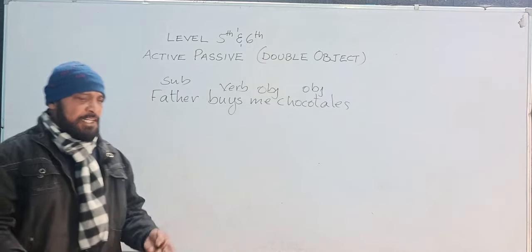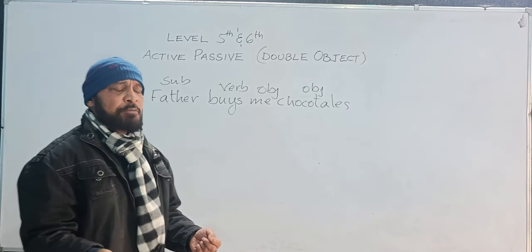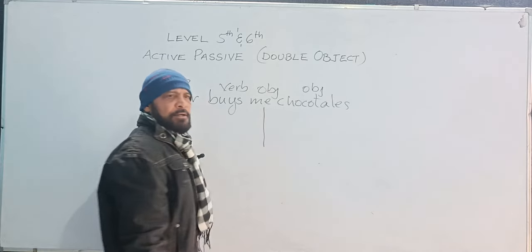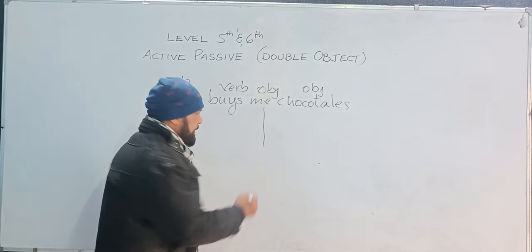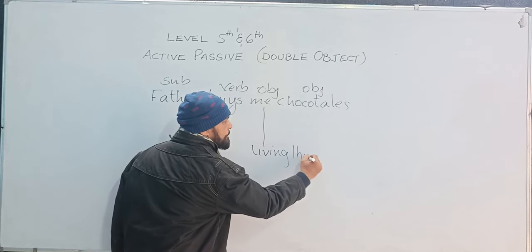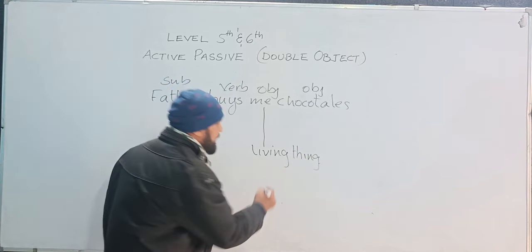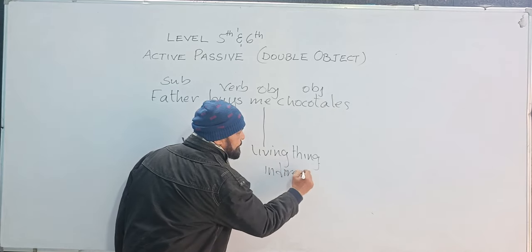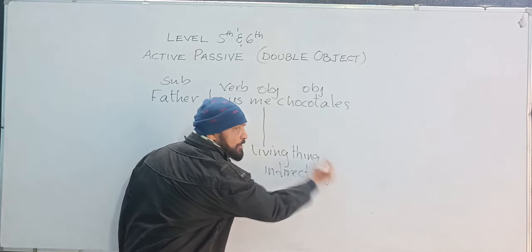Now, like I told you earlier, always remember that when we have double objects, always the person, that is the living thing, L-I-V-I-N-G, is the indirect object. I'll write it short.